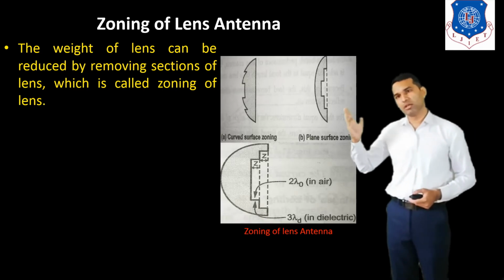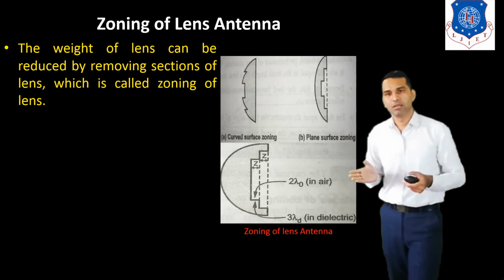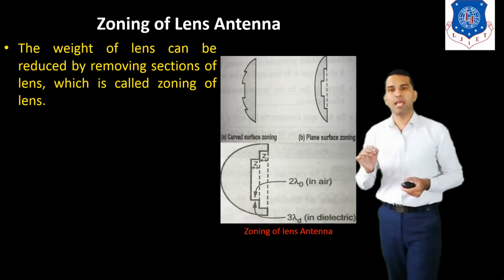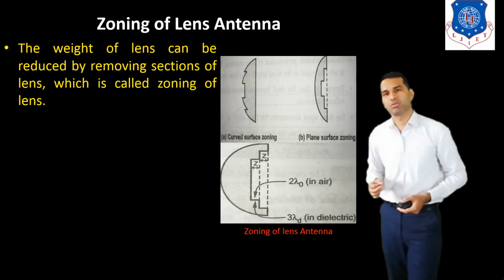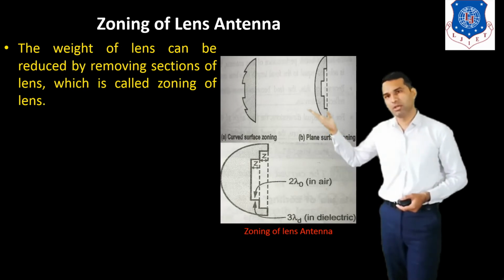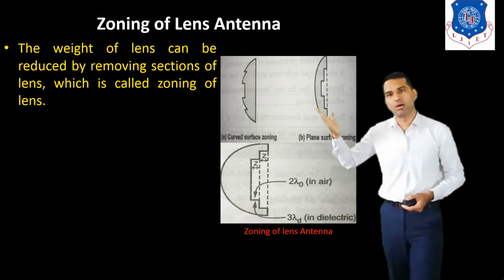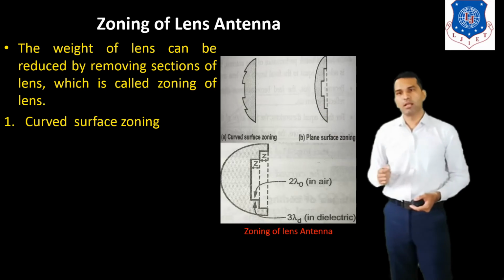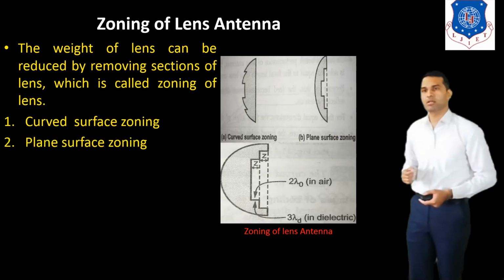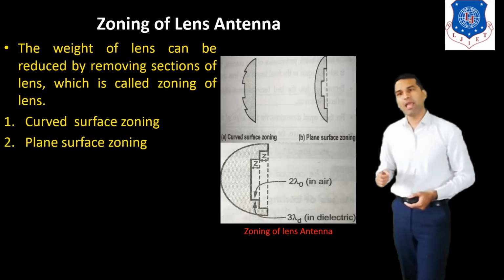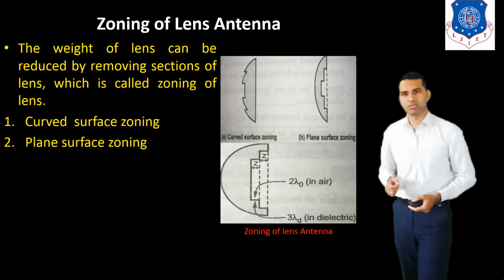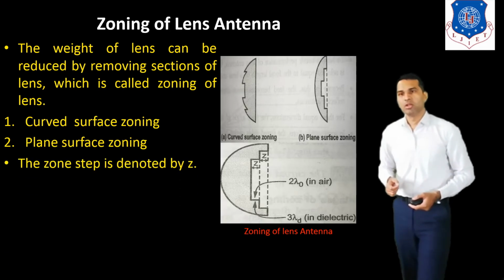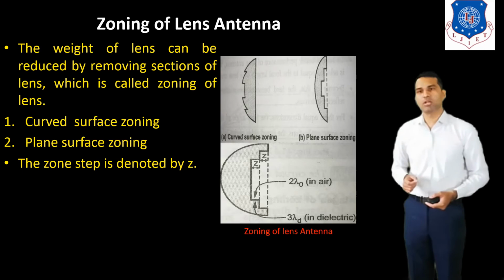Instead of using the full lens, we reduce the weight of the lens by using this zoning technique. Here in this figure we can see the method of zoning. The types of zoning are curved surface zoning and plane surface zoning. The step is denoted by Z.